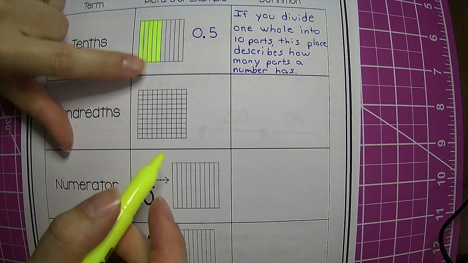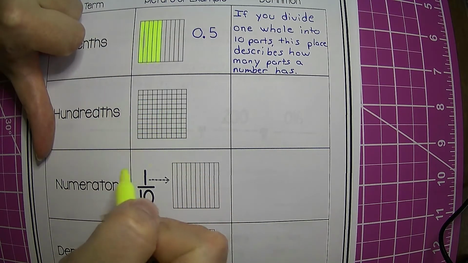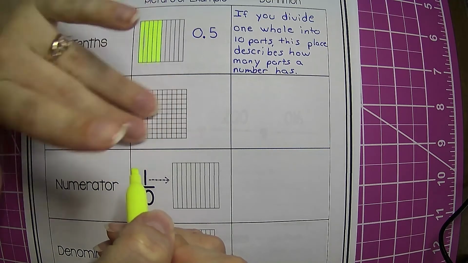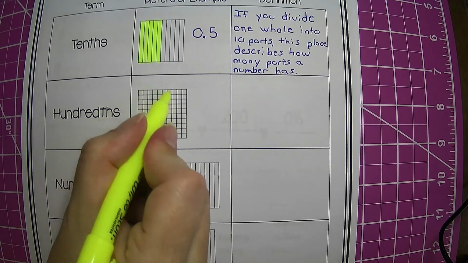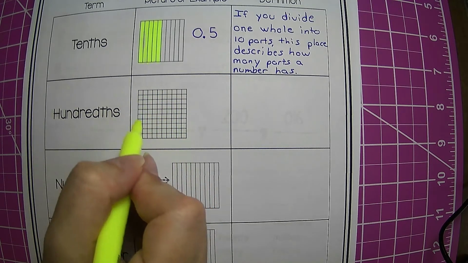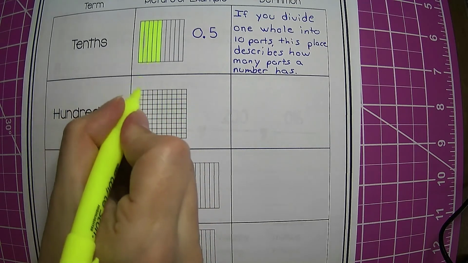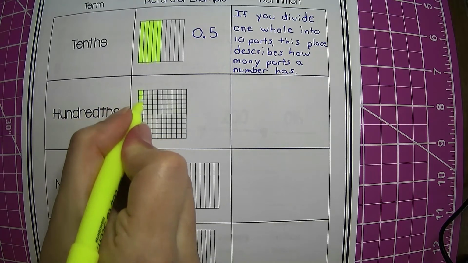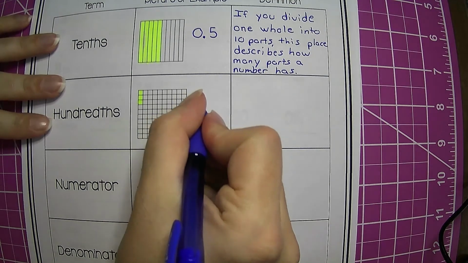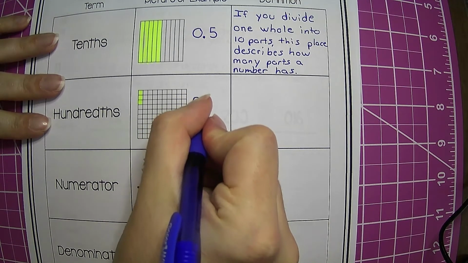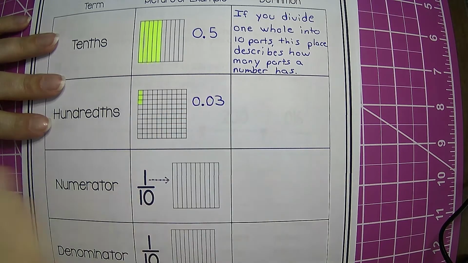Okay, so if I take my 10 columns in my tenths place and I have 10 rows across, that would create a hundredths grid. The total is still one whole, but now there are 100 parts. If I color in 1, 2, 3, 3 hundredths, I would represent that as 0 and 3 hundredths.